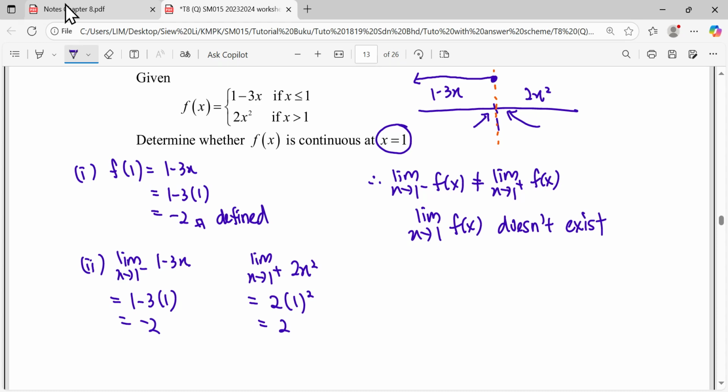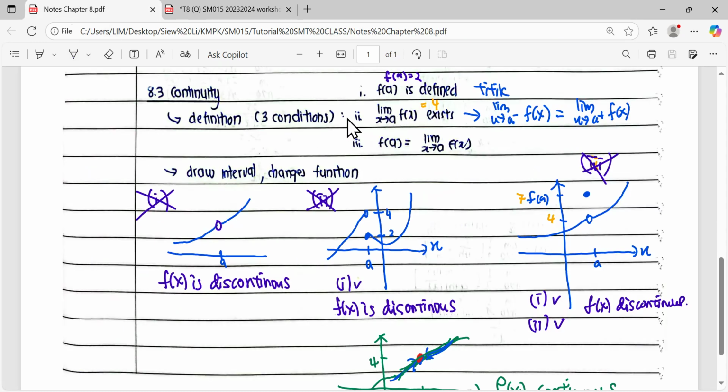When our function does not fulfill one of the conditions, that function will not be continuous. So it will be like this. You have the point, the graph approaching from the right hand side has a different value, and the graph approaching from the left hand side has a different value.